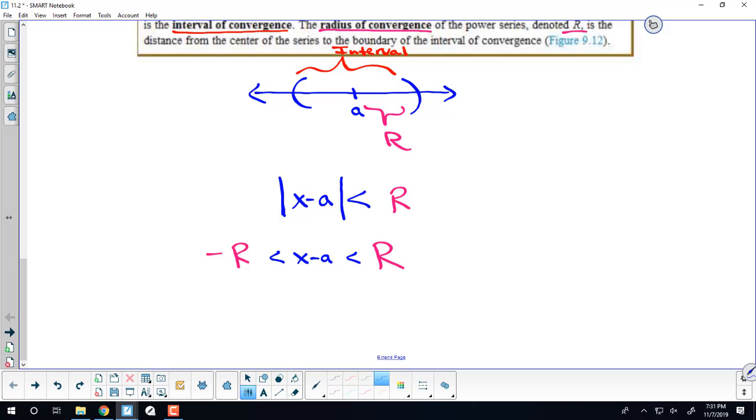So that gives us our interval still with the absolute value statement, and then we would just add a to both sides. So we have a minus r here and a plus r over here. And so that gives us our interval of convergence.